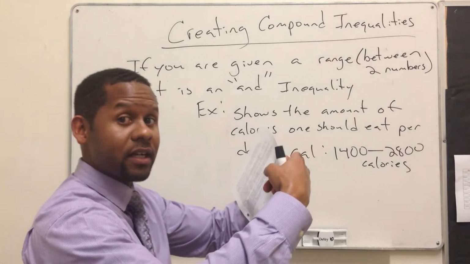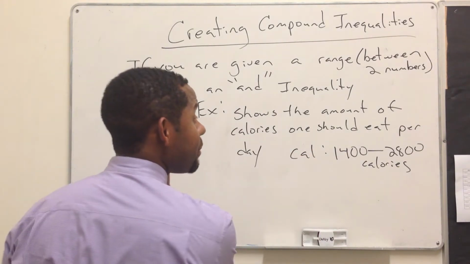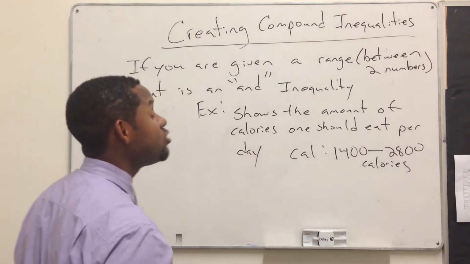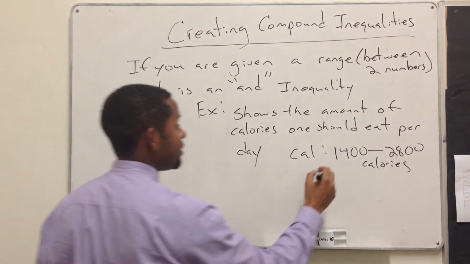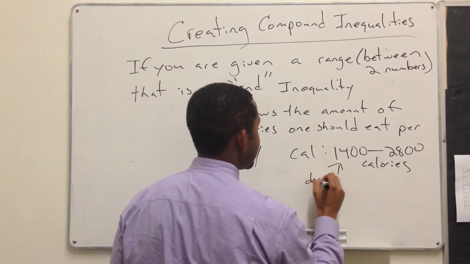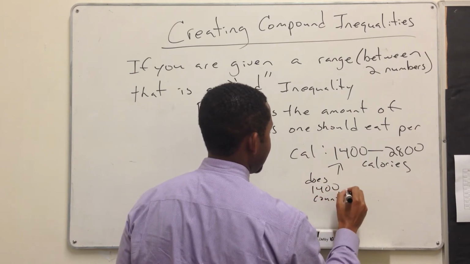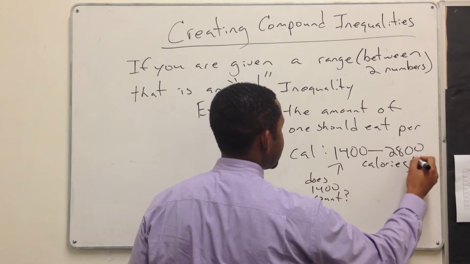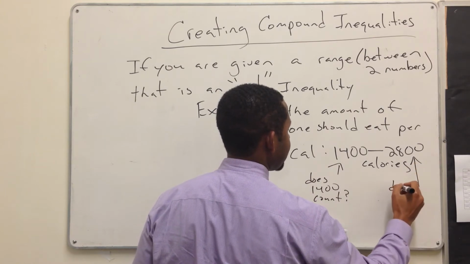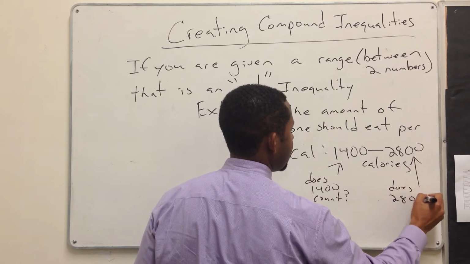You're thinking about a graph that comes together, and then you're going to make some sense out of it. The question you always need to ask yourself is, does 1,400 count in the answer? Does 2,800 count?